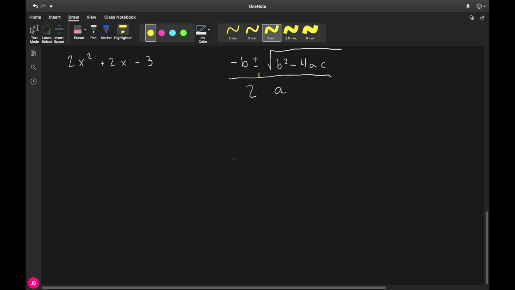We're going to go ahead and highlight this part right here, because this is my what? This is my discriminant, right? Maybe we can highlight it in pink color. Okay. So remember, that's my discriminant.